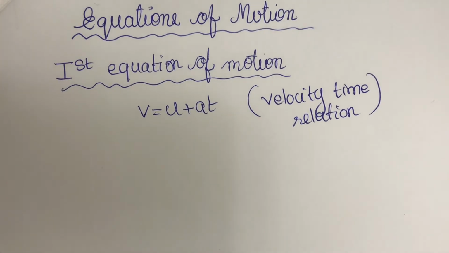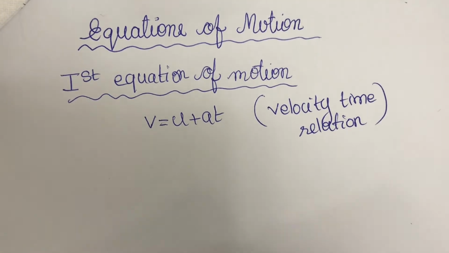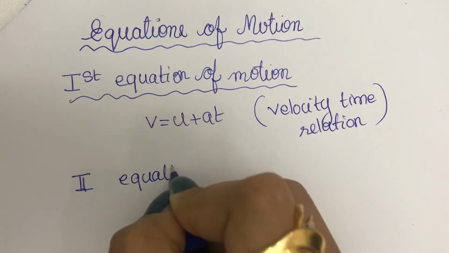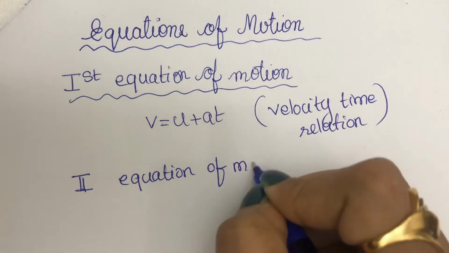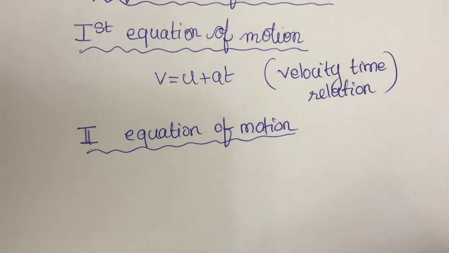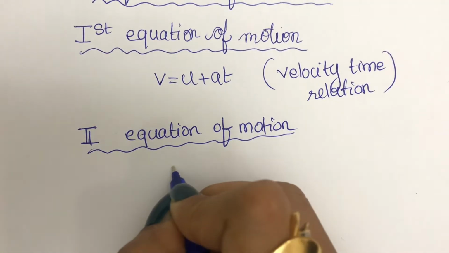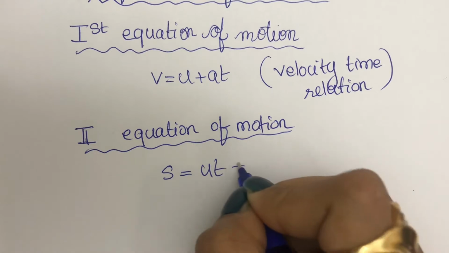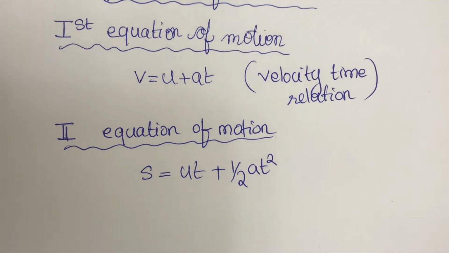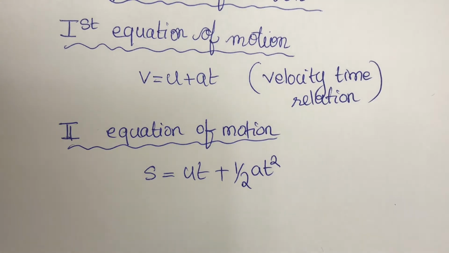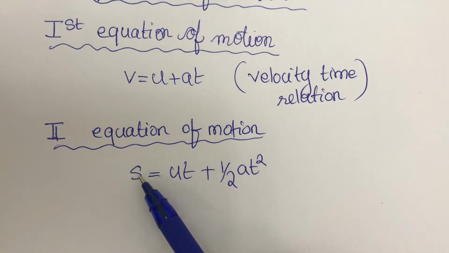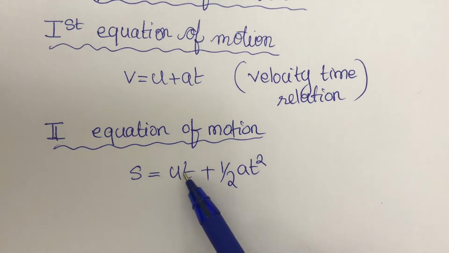And our second equation of motion is s = ut + half at square. Here, s means displacement, and time.